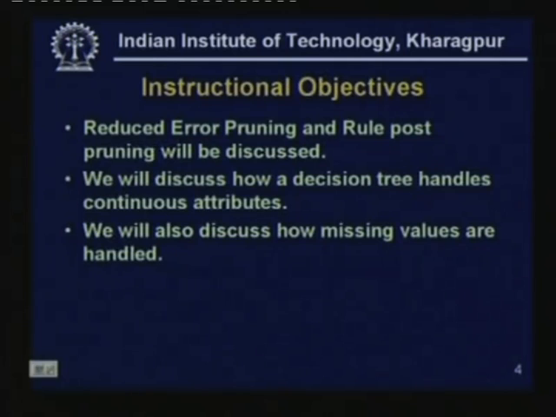We will discuss how a decision tree can be made to work with continuous valued attributes. We will also discuss how missing values are handled in training data where the data is incomplete. So, some attributes have missing values.